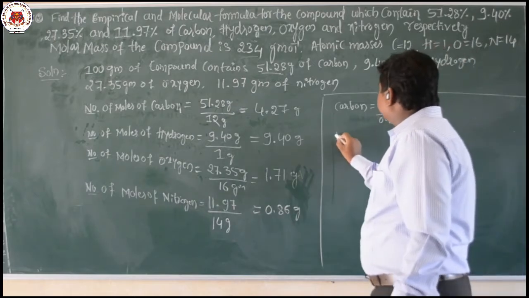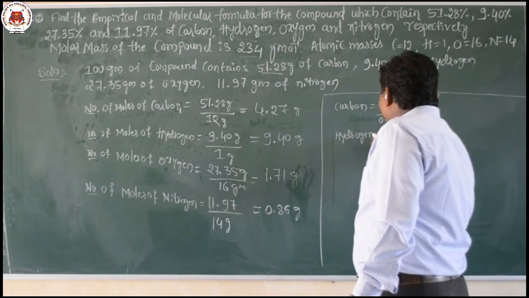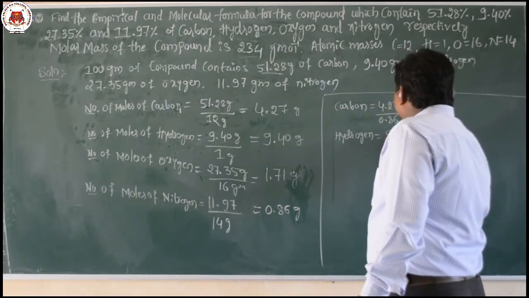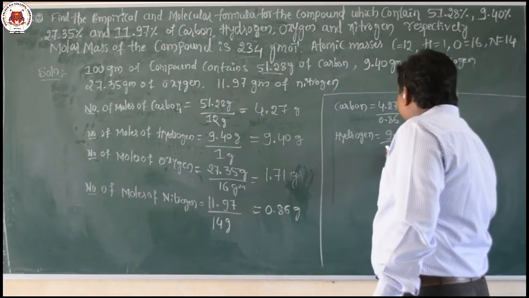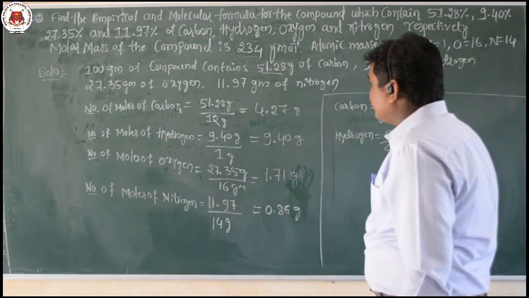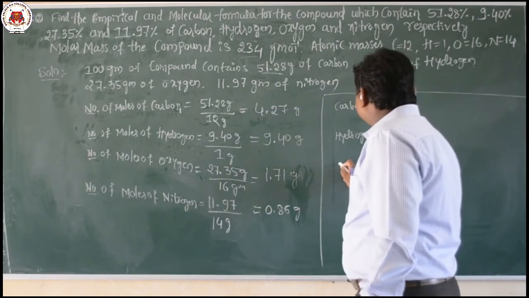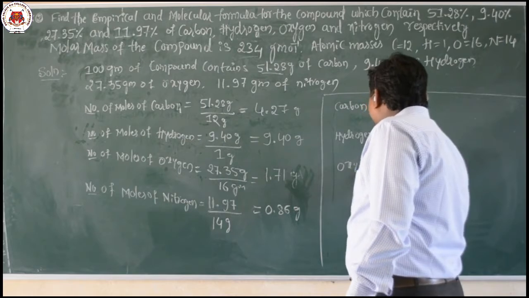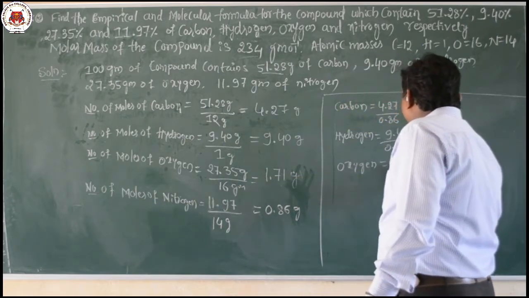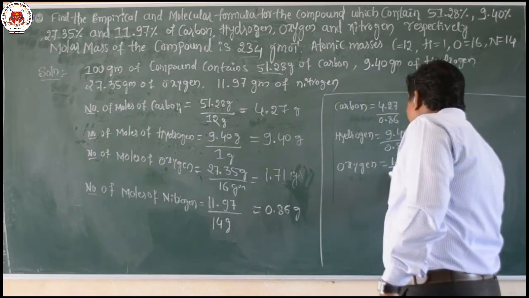For hydrogen, the number of moles value is 9.40 divided by the smallest value, again 0.86. Next, for oxygen, you divide the value 1.71 by again the smallest value, 0.86.